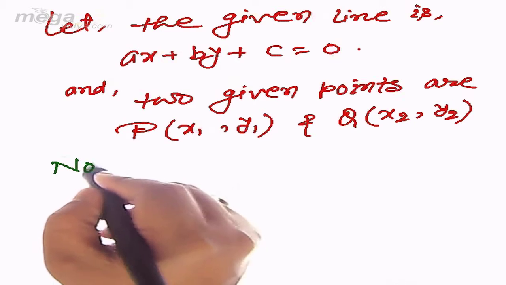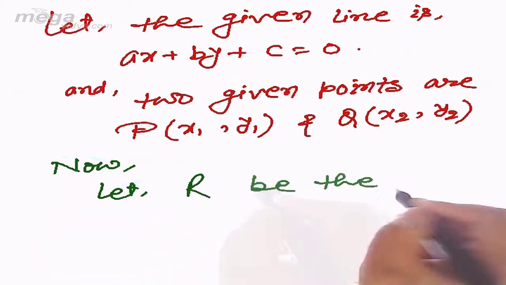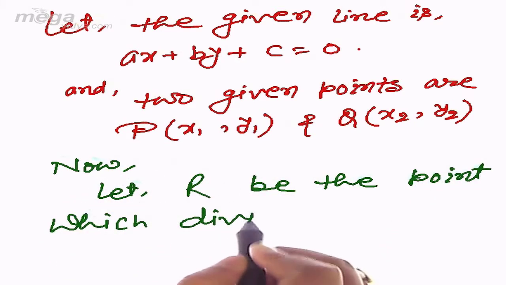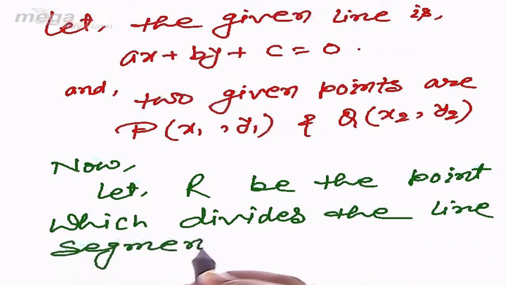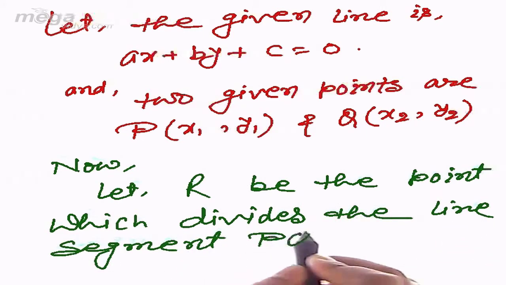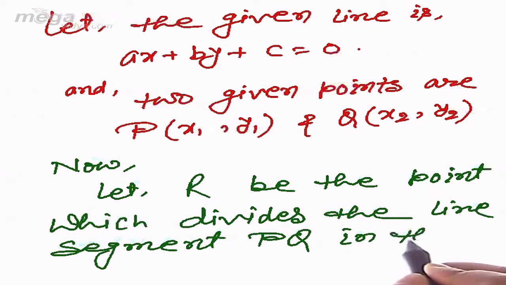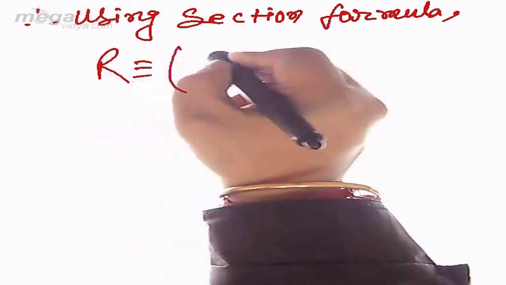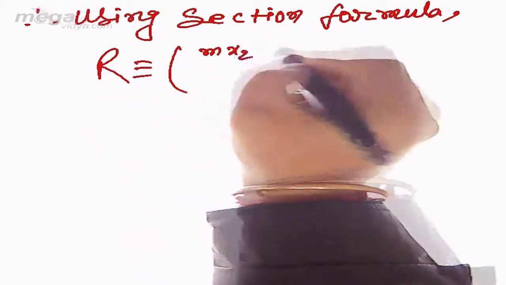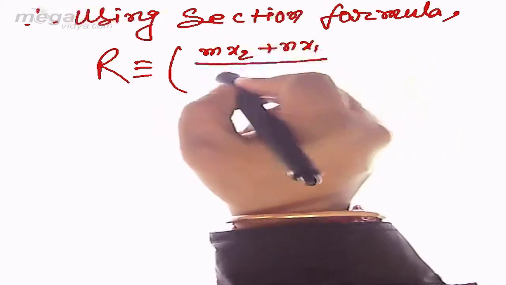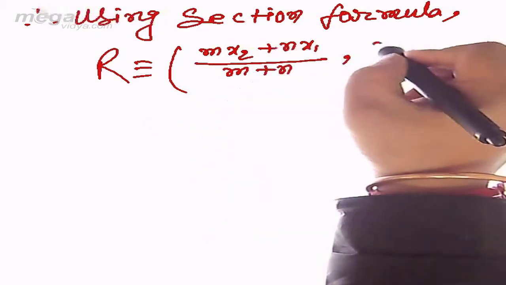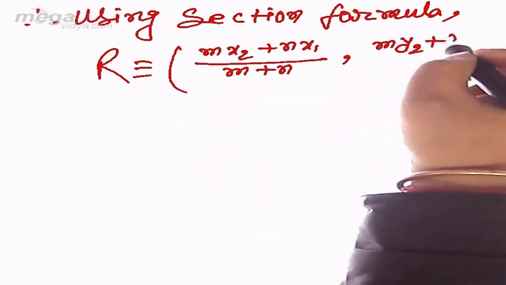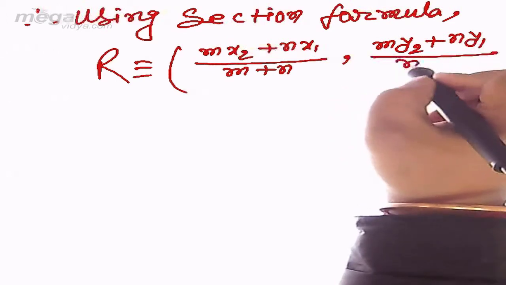So now let R be the point which divides the line segment PQ in the ratio m is to n. Using the section formula, the coordinates of R are mx2 plus nx1 upon m plus n and my2 plus ny1 upon m plus n.